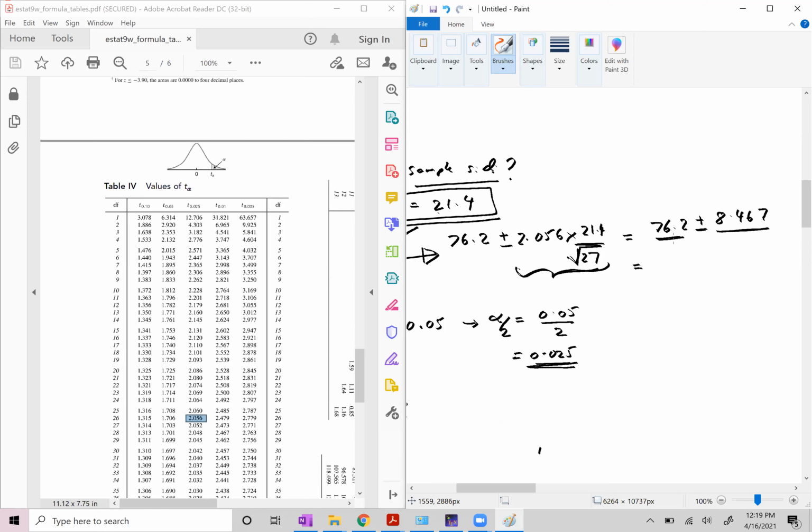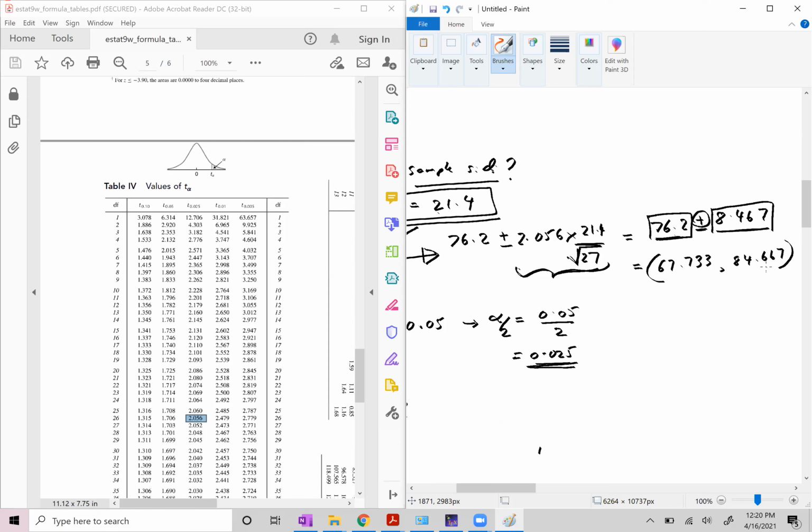So 76.2 minus 8.467 will give you 67.733. Then to get the upper value, 76.2 plus 8.467 will give you 84.667.